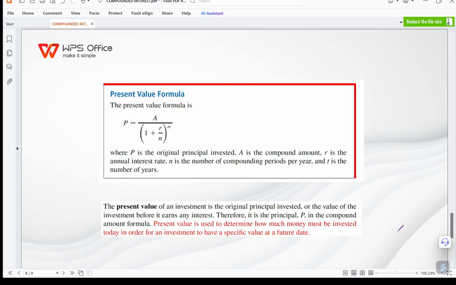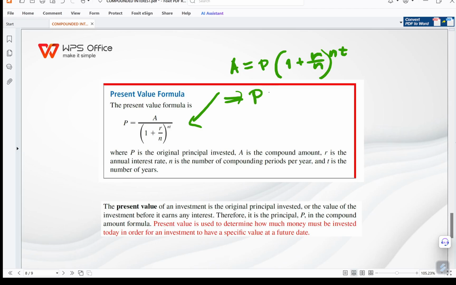So P here is equal to A divided by 1 plus R divided by N, all raised to N times T. Actually, this formula came from our A, right? Our A is P times 1 plus R over N raised to N times T. So if you do a bit of algebra, you'll get that our P here is A divided by 1 plus R over N raised to N times T.